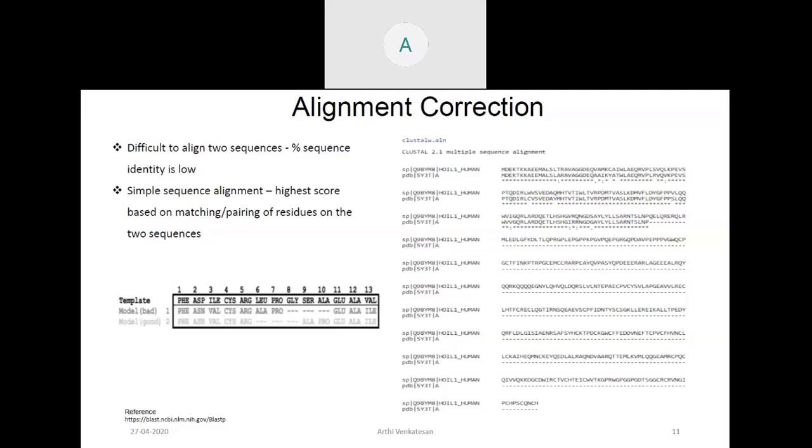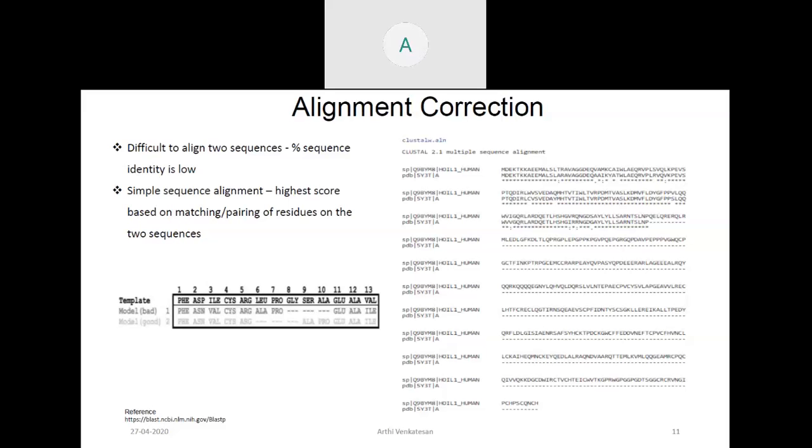For redoing the alignment, do we need manual edits, or will everything be done only by ClustalW? You can do manual edits also, through PyMOL or other software. Even MEGA you can use for alignment correction and everything.